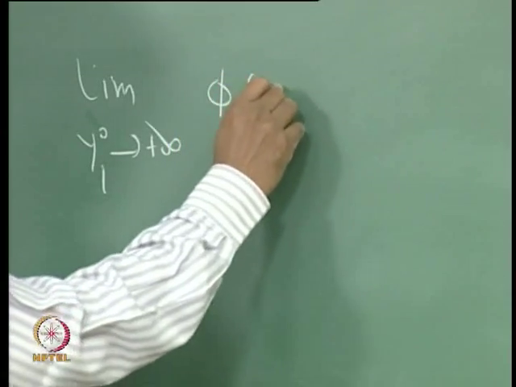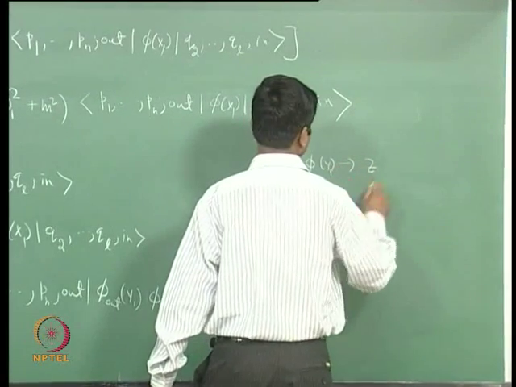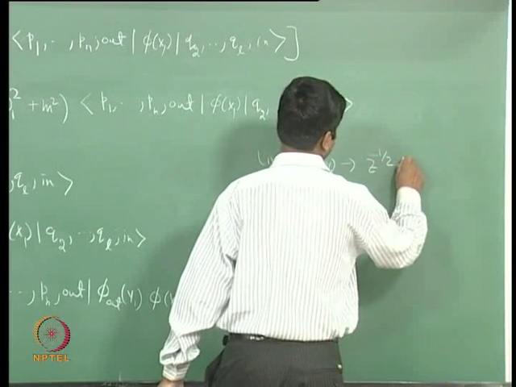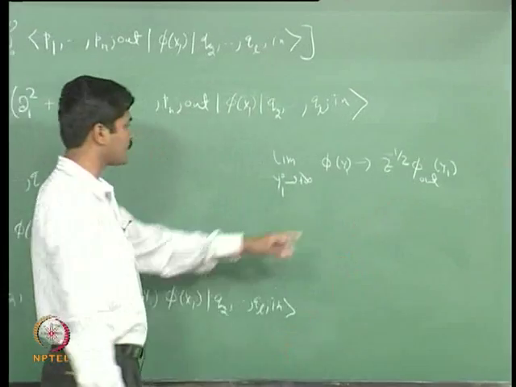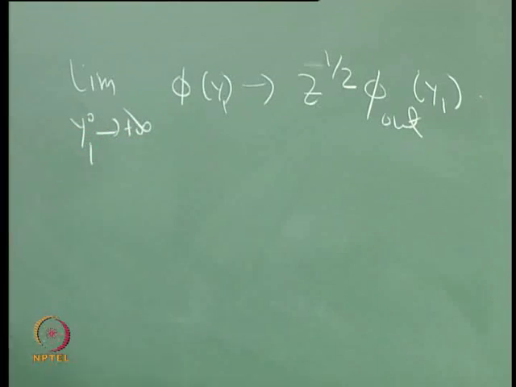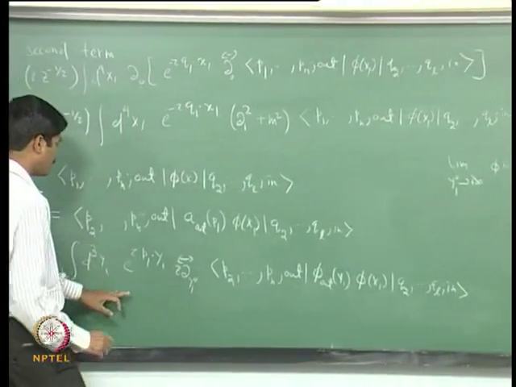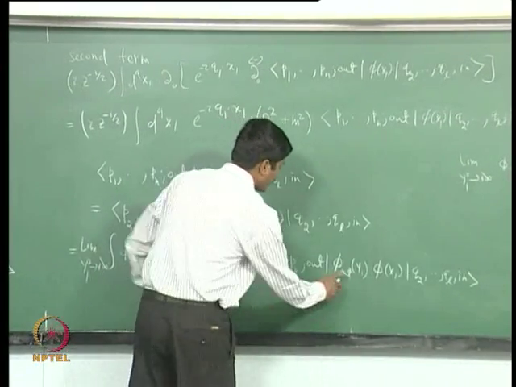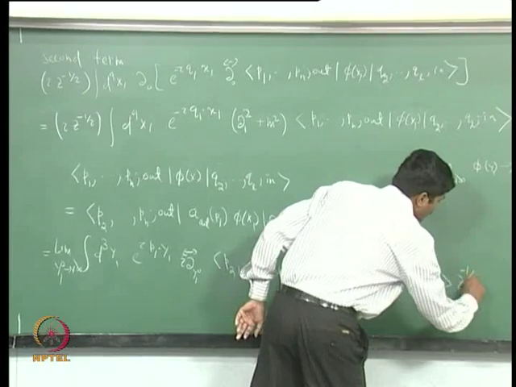So, I can use this relation here, and what I will get is essentially a factor of z to the power minus half and there is no phi out.